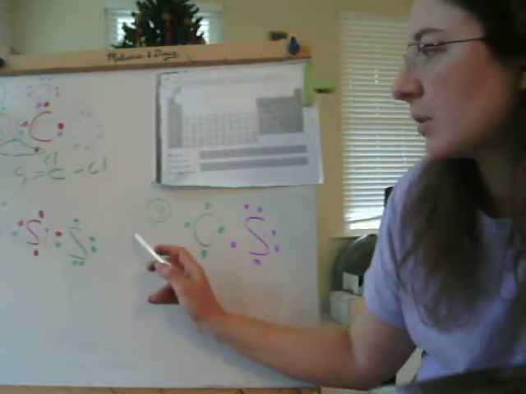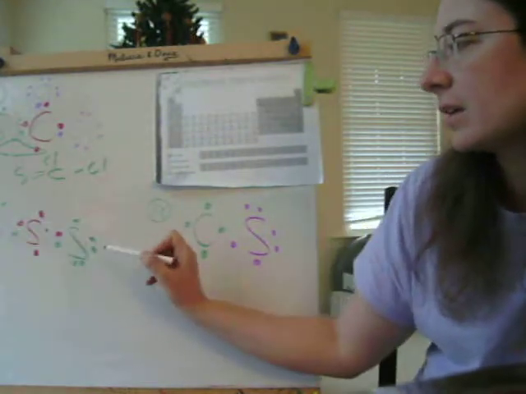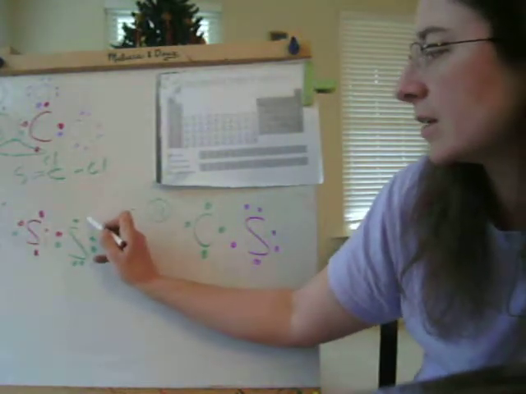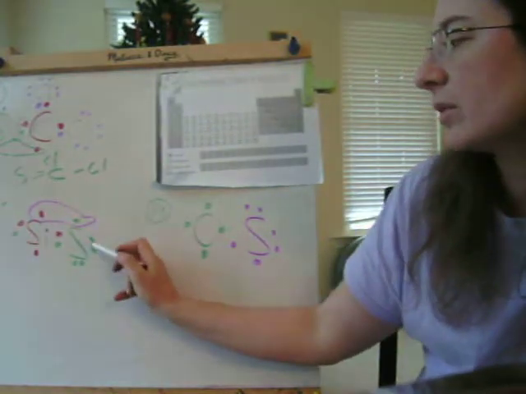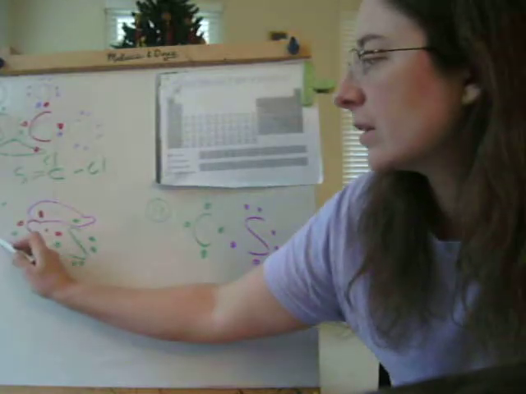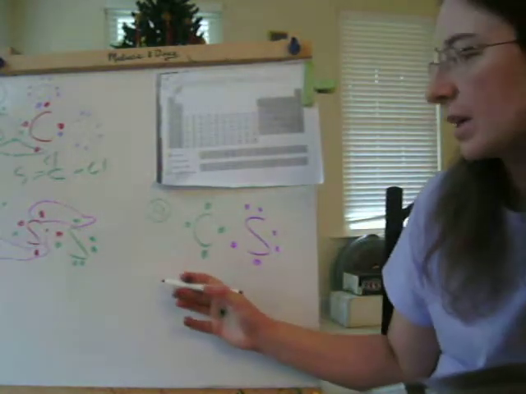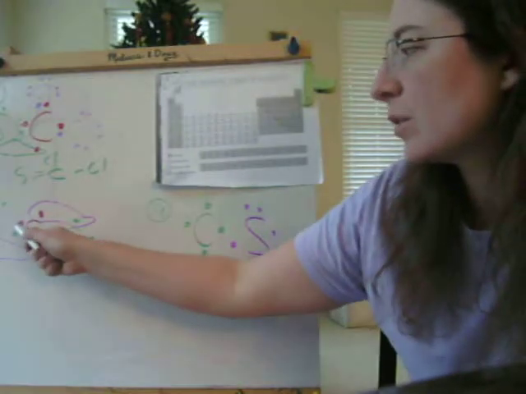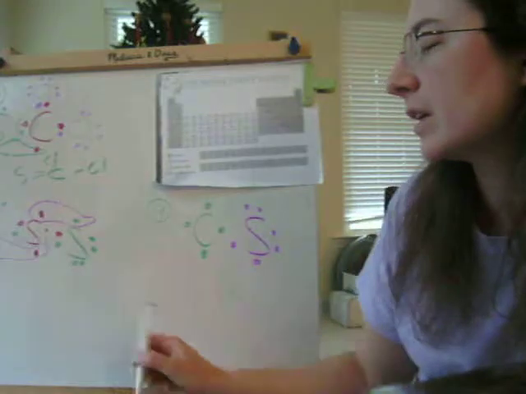So I placed them around. You can see they fit in nicely here, but silicon is going to bond its unshared electron with this one from this sulfur, and its other unshared with this one from the other sulfur. So that gives us some nice symmetry. So we've got a single bond here, and then a double bond here, and a double bond here.